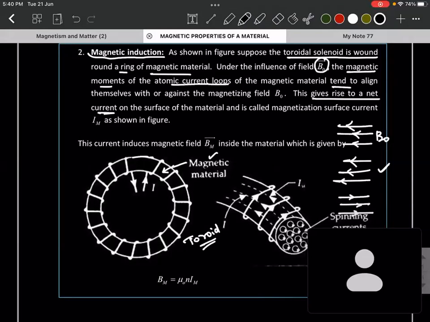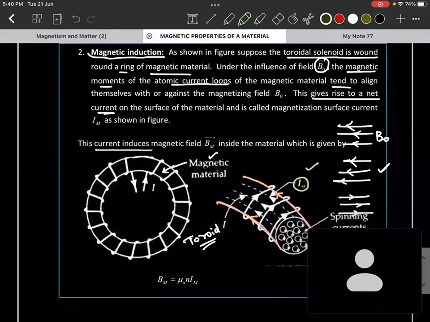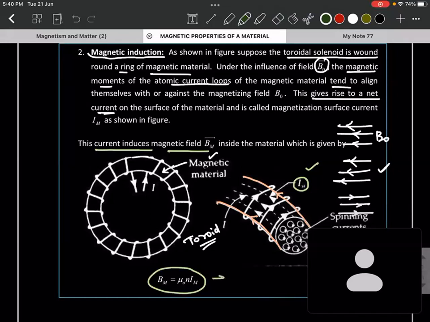On the surface of the metal, you can observe some value of current getting generated, which we call the magnetization surface current, given by I with subscript M. Then this current induces a magnetic field Bm, given by mu naught into small n into Im.